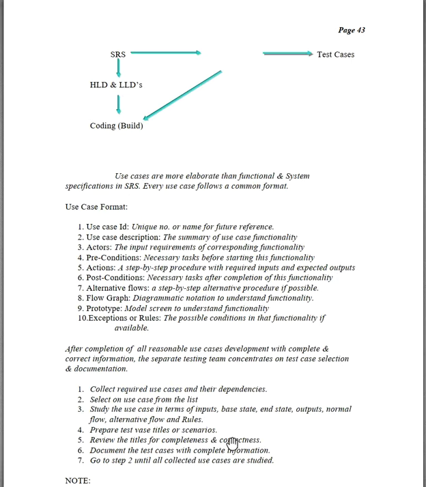The use case will have the use case ID, the use case description, the actors, then the precondition, the action, post condition, alternative flows, flow graph, prototype, and exceptions or rules. That's the use case format.